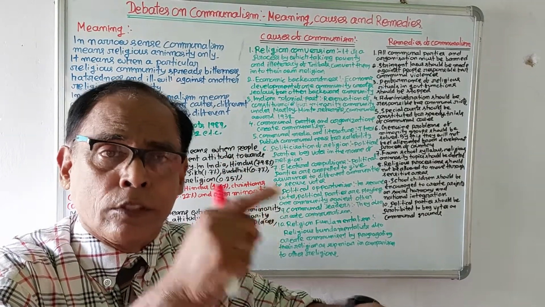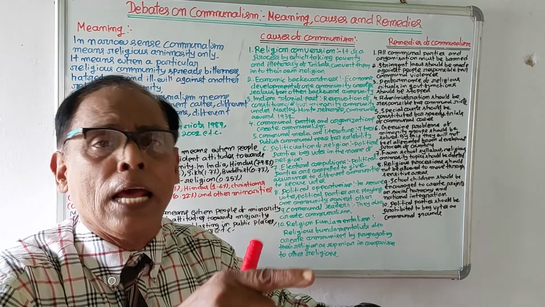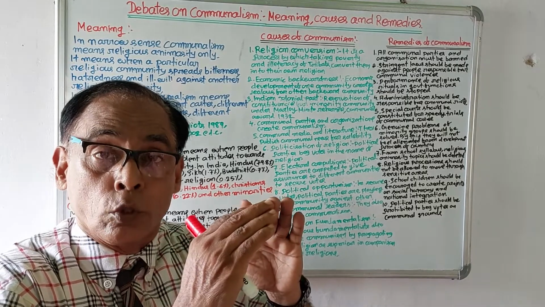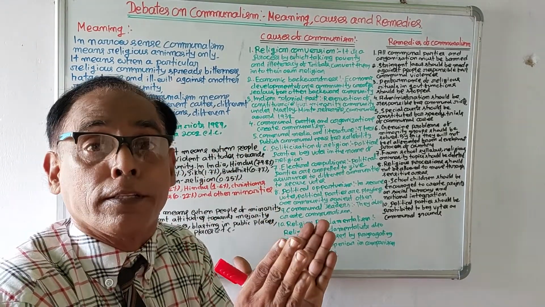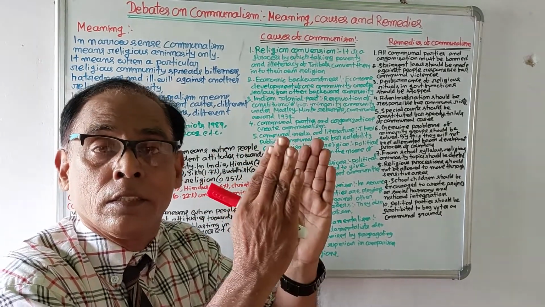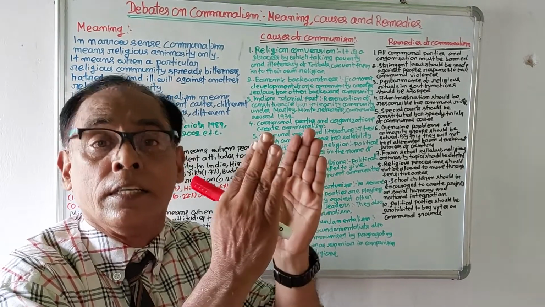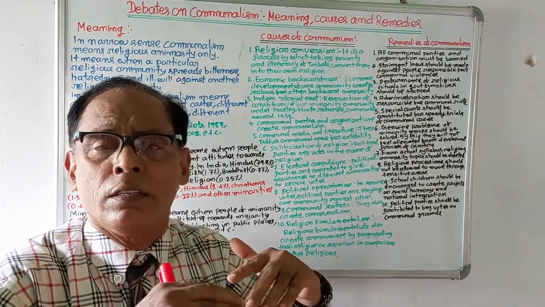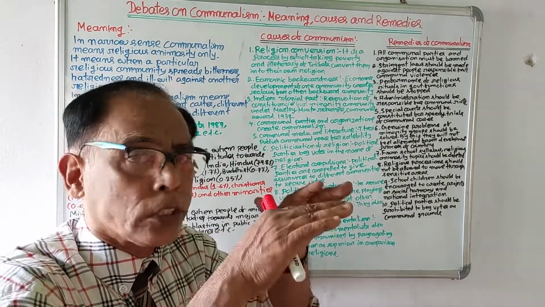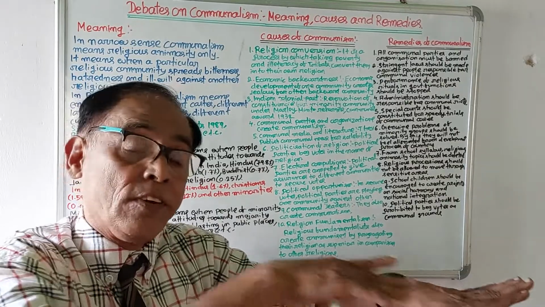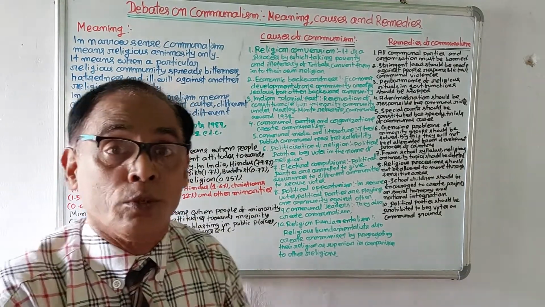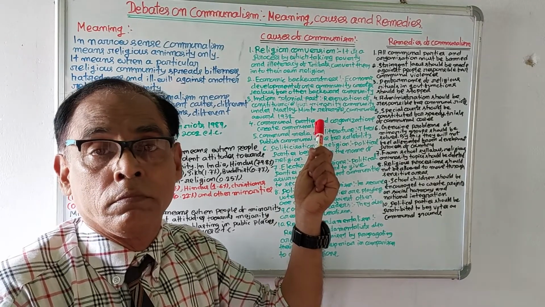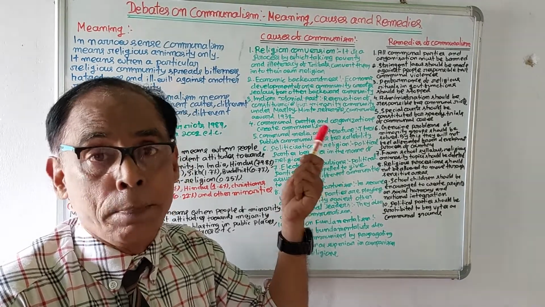Again, in the 1932 Communal Award, they retained seats for Sikhs, Muslims, Europeans, Anglo-Indians and Christians. Whenever the government tries to reserve some seats for some community, definitely other communities will oppose. So it is a major cause for communalism in general and in India in particular.